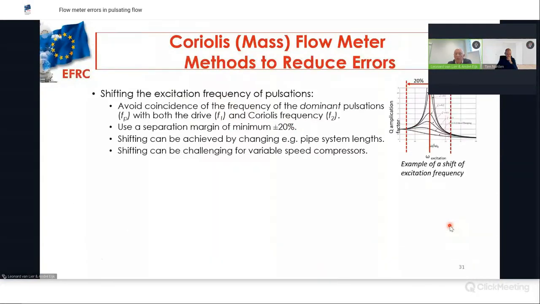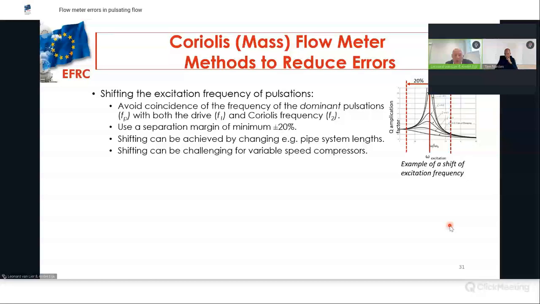So the first is, because the error is driven by frequency effects, the best way is to shift the excitation frequencies of the pulsations, and that is to try to avoid the coincidence of the frequency of the dominant pulsation forces, both with the drive frequency and Coriolis frequency.